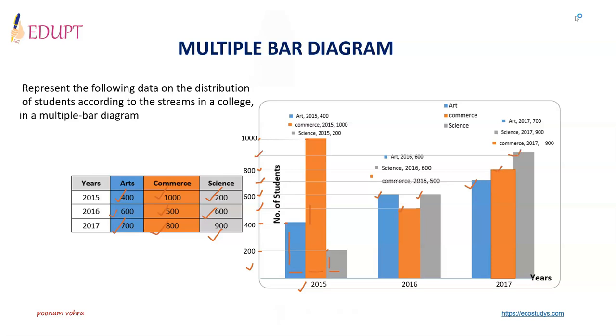So in each case you need to take into account that width of each bar should be same and length of each bar would be different depending upon the data. Such multiple bar diagrams are used to make comparison between the two sets of data, and it is so easy to compare if this information is provided through a multiple bar diagram.